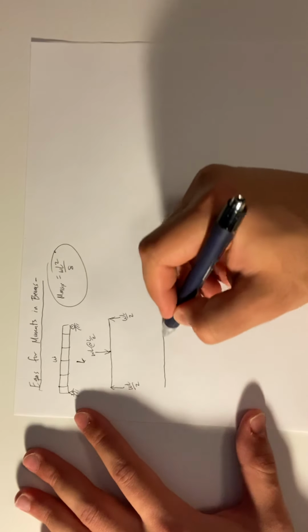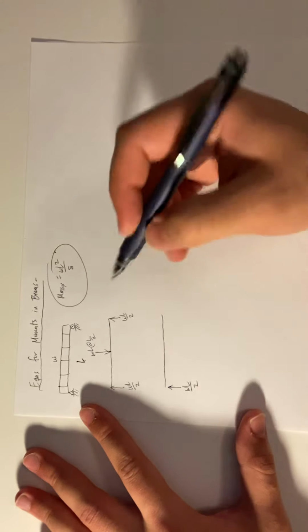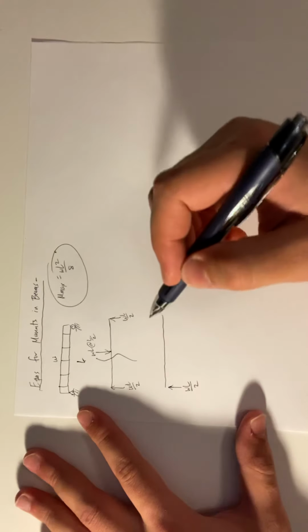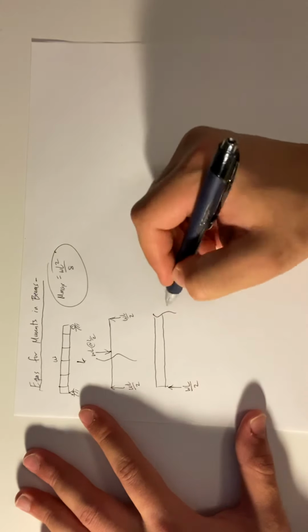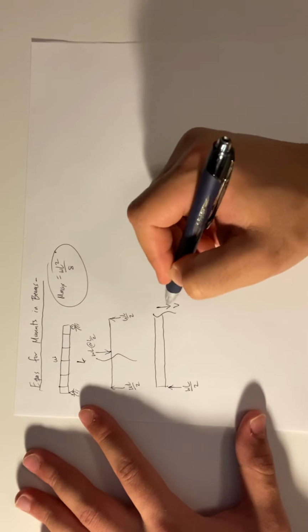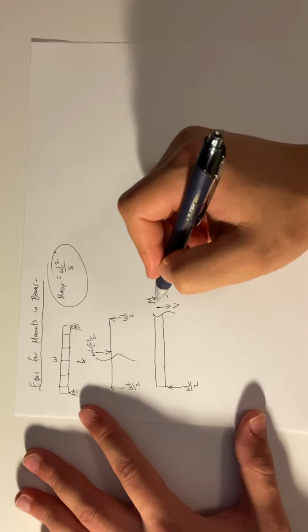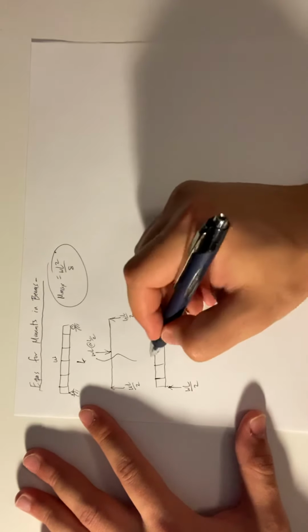Next step is we're going to cut this beam. We have an internal beam shear, internal moment. These are positive sign conventions. This one balances this. All about equilibrium.